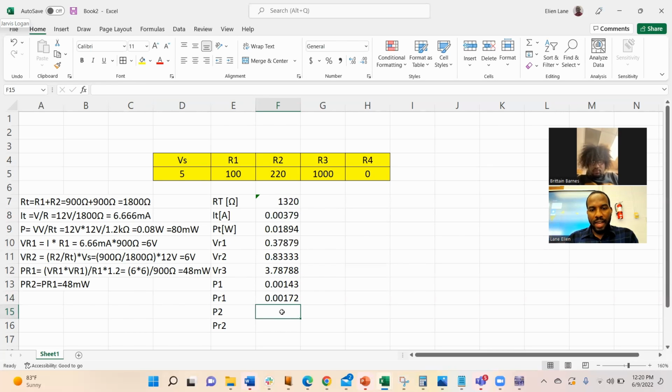Same thing for this one here: PR2 equals VR2 squared divided by R2, and PR2 is going to be this times 1.2. So you see, it's very easy. The same equations you have, you can program them in Excel.